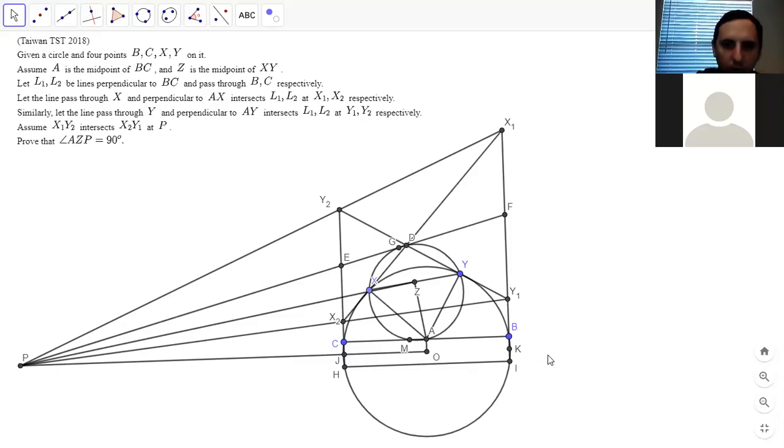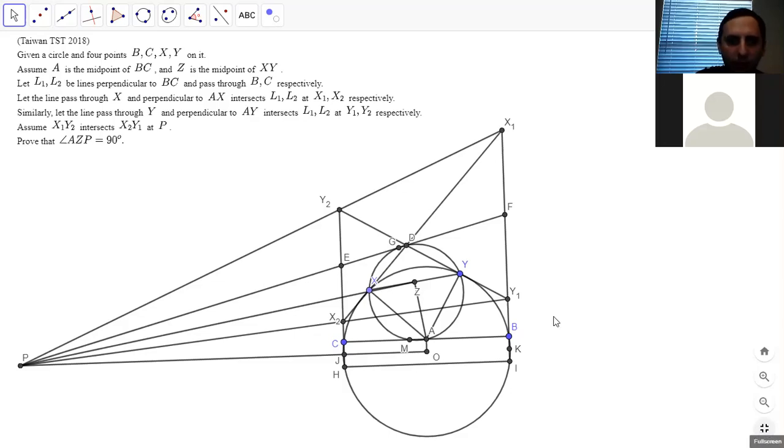Yeah, we have a bunch of cyclic quadrilaterals here. So JX2 over JY2, it seems like there should be a way to do that. I guess we can go on to the next problem.